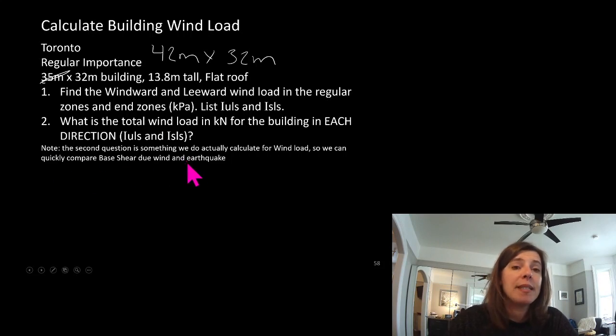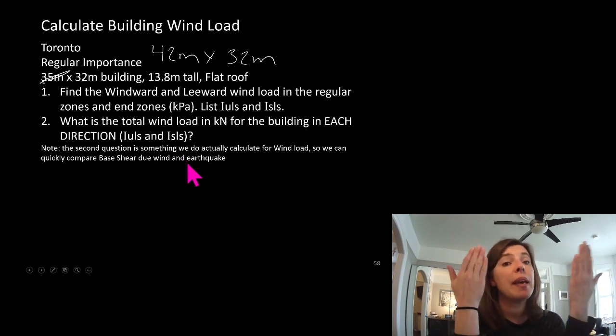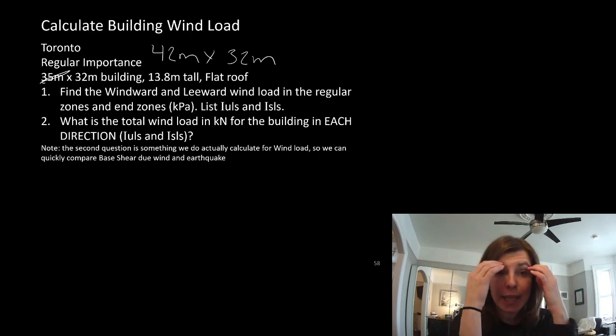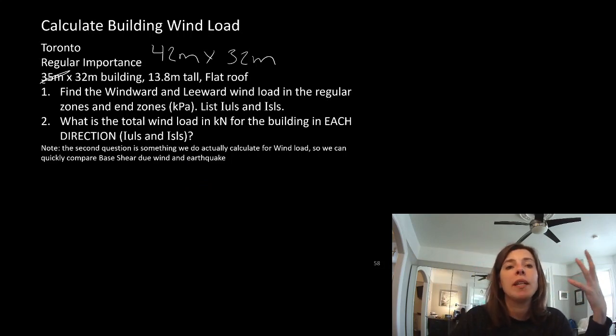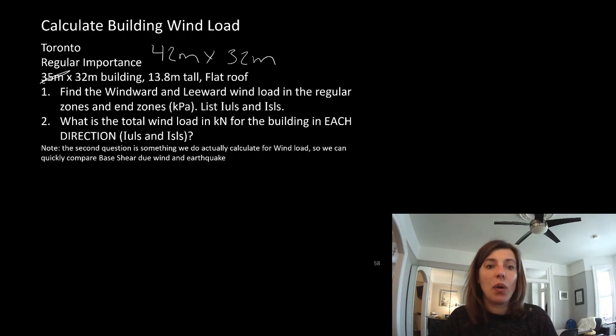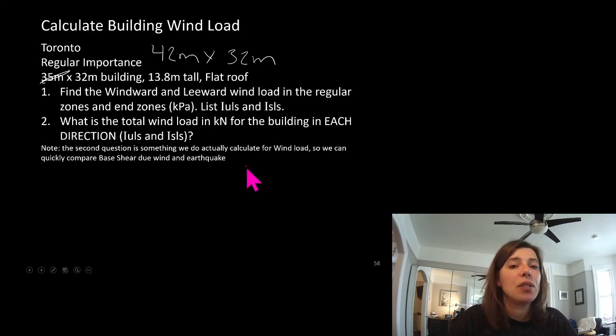We'll do it for wind and earthquake so that we can compare, and the building department can see at a glance which one is our governing load case, and that we've thought about whether it's wind or seismic that is our predominant load case. We could have situations where in one direction it's wind and in the other direction it's seismic. So let's go through and do that calculation now.